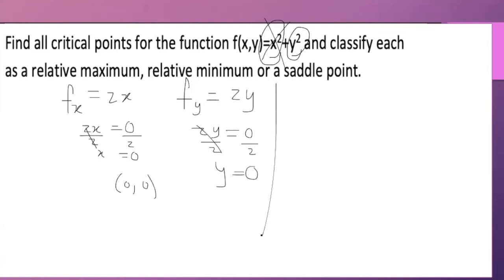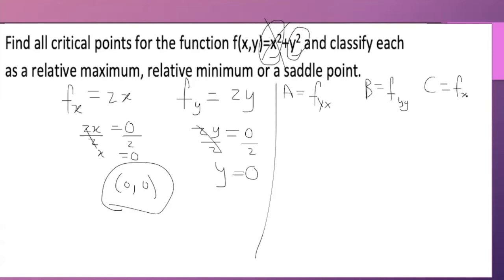Now, after doing this, I need to test: is this critical point a maximum or a minimum? That's what I need to find out. Is it a maximum or a minimum, or a saddle point, or does the test fail? So I need A, where A represents fxx, and I need B, where B represents fyy, and I need C, where C represents fxy.